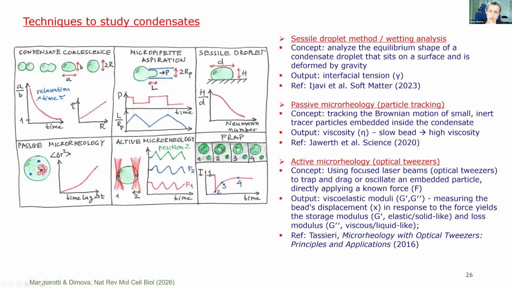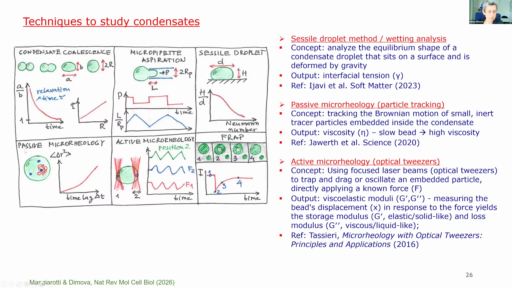If you fit the contour with the theoretical expressions for the shape of this droplet, your only fitting parameter would be the interfacial tension. I'll give some example references where you can read further about these methods.